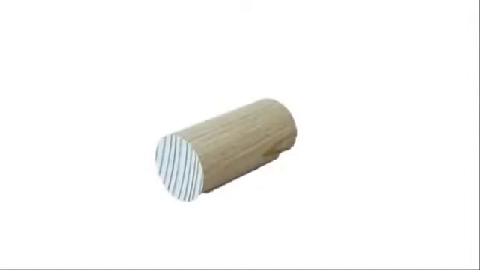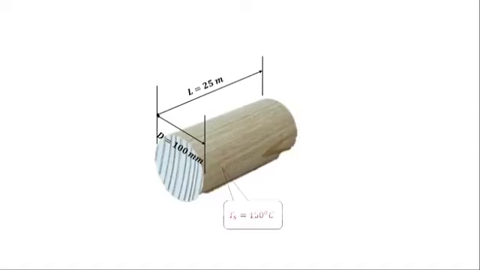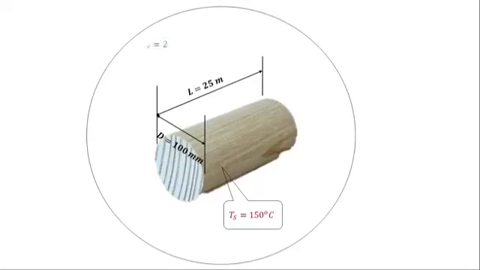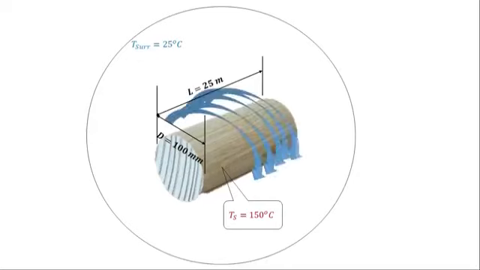This is the long steam pipe having a length of 25 meter and diameter of 100 millimeter, and it is maintained at a temperature of 150 degrees centigrade. It is surrounded by air and walls, and the surroundings are at a temperature of 25 degrees centigrade.